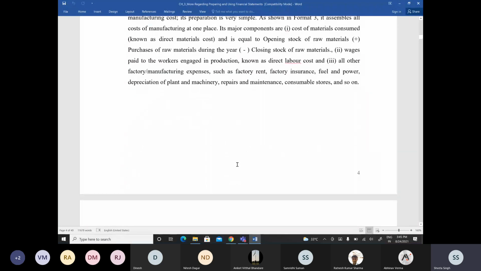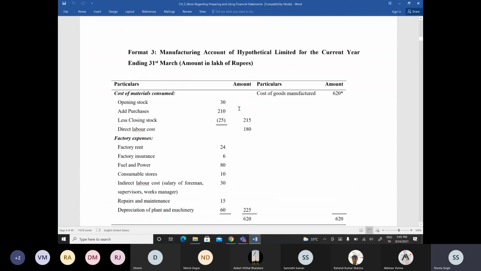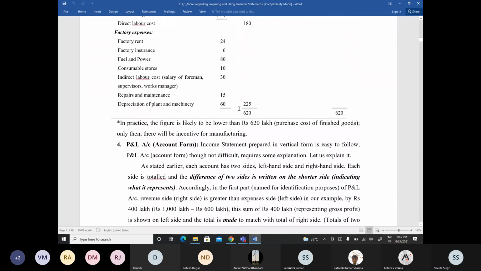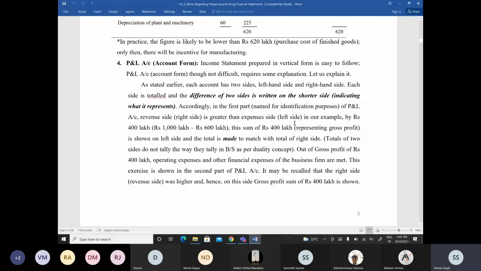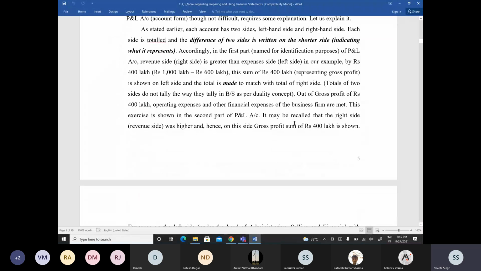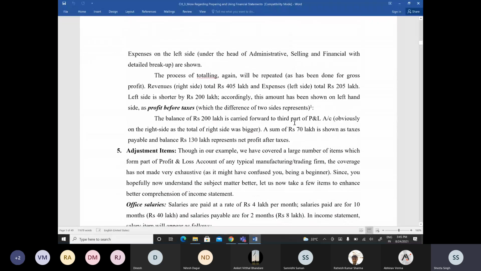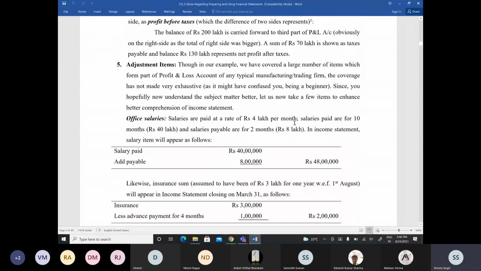Your direct labor, all other factory manufacturing expenses, everything will be included. Then this is how the P&L account is made. Basically all the calculations that are done.